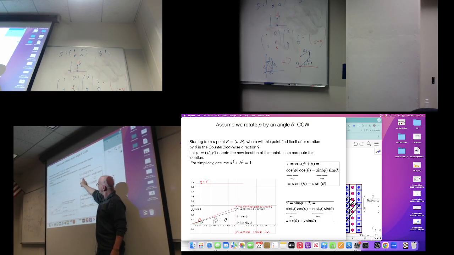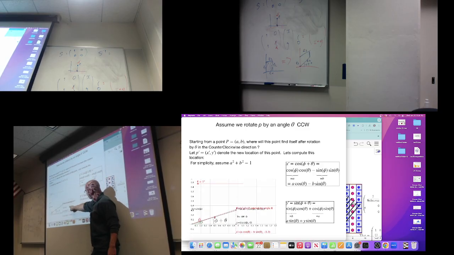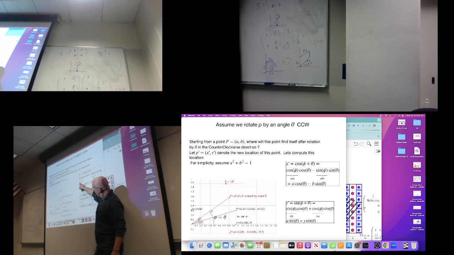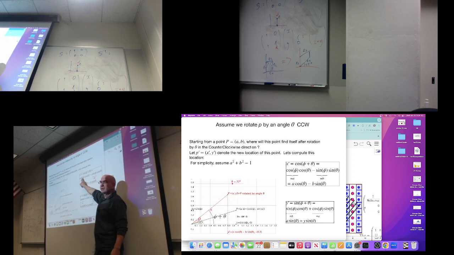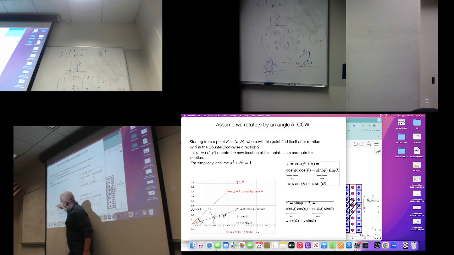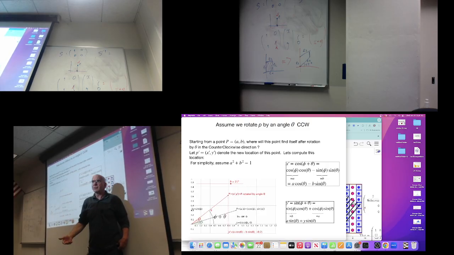But what was cosine of phi? That was individual to this point that I started this story with. Cosine of phi was just the x coordinate of this individual point, and sine of phi, this value, is the y coordinate.